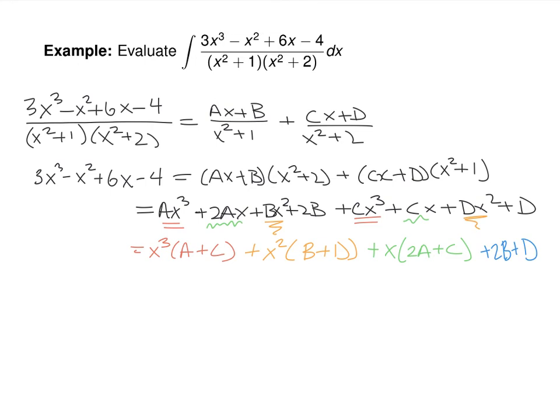And you have to recognize that this a plus c has to equal this 3, because it's the coefficient of the x cubed. So a plus c must equal 3. Then the b plus d has to equal the coefficient of the x squared, so that has to equal -1.